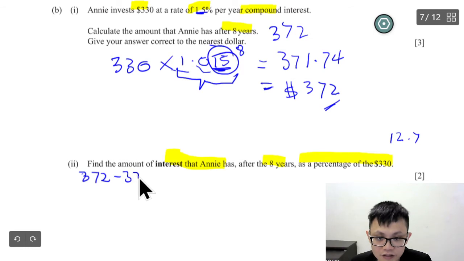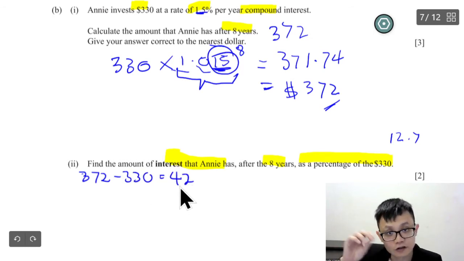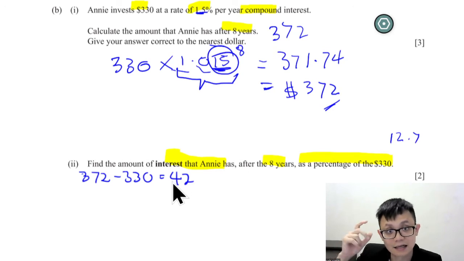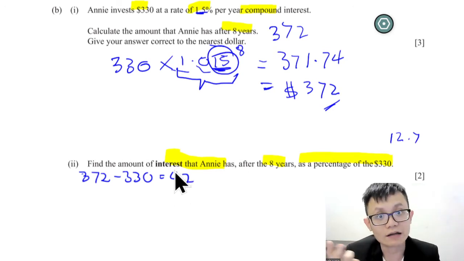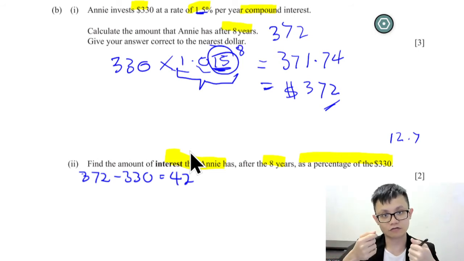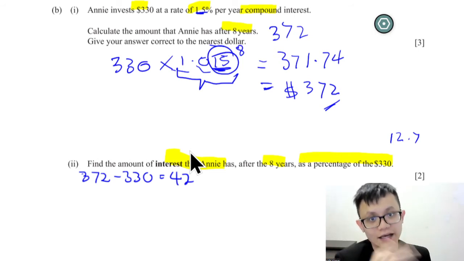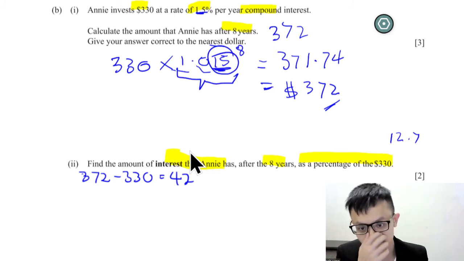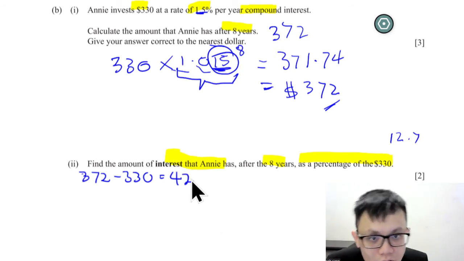I get 42. So the 42 is the extra money that you earn. Because you put in 330, but you get 372, so you earn 42 ringgit. After you put for how many years? You put for 8 years.